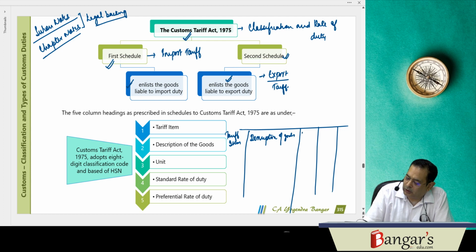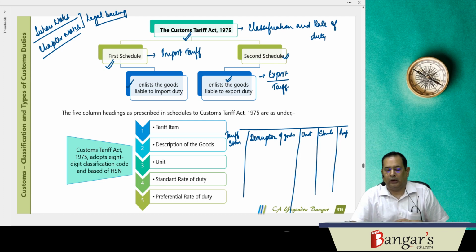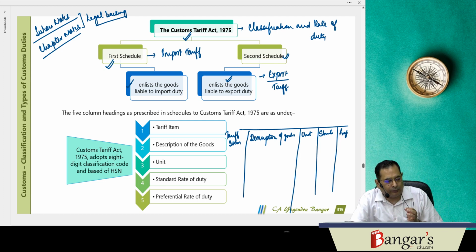Then we have unit of measurement. Then we have standard rate, and then we have preferential rate. So if any producer or manufacturer of the preferential area and the goods are imported from that area and the owner claims at the time of importation, then preferential rate of duty is levied.